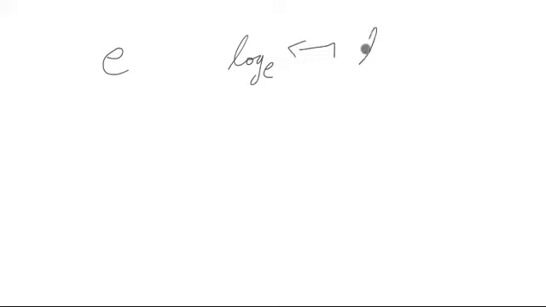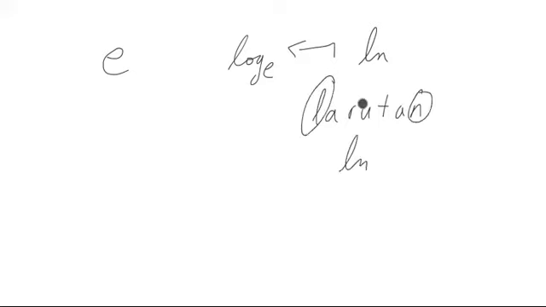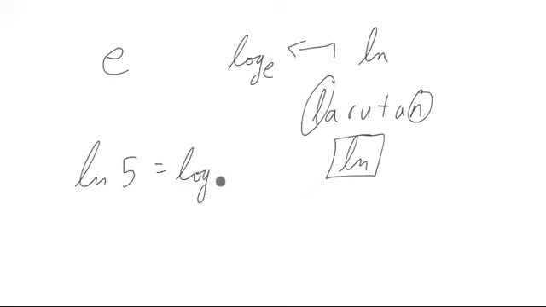It has the notation ln, standing for natural log, even though the order of the L and the N isn't so natural. Okay, so we have this right here as meaning log base e. So if we write down ln of 5, this is just another way of saying log base e of 5. And this is called the natural logarithm.